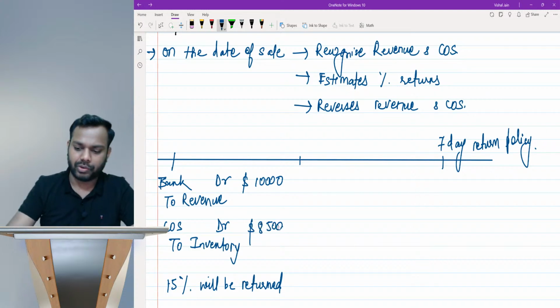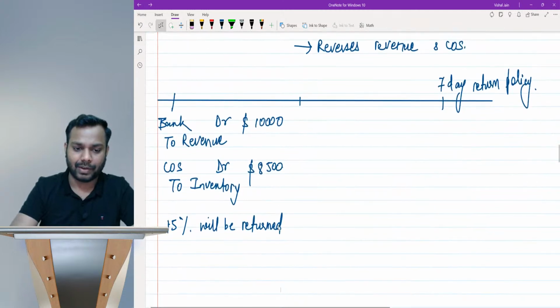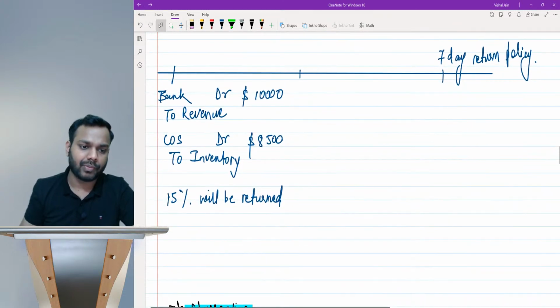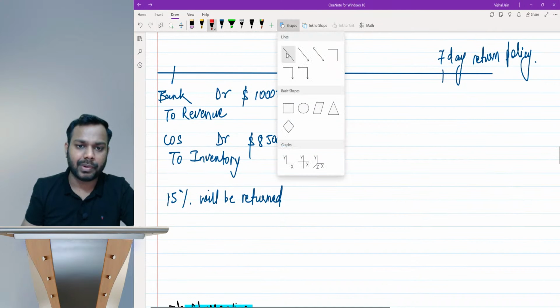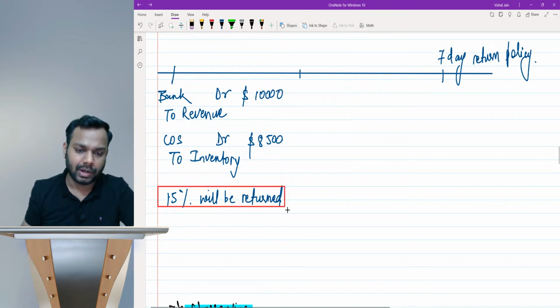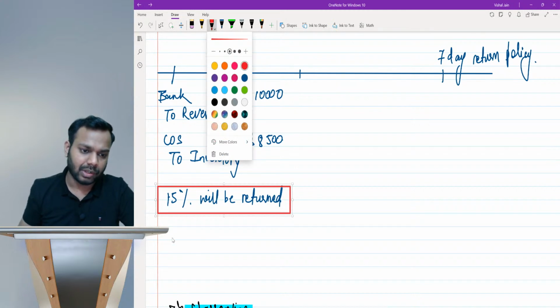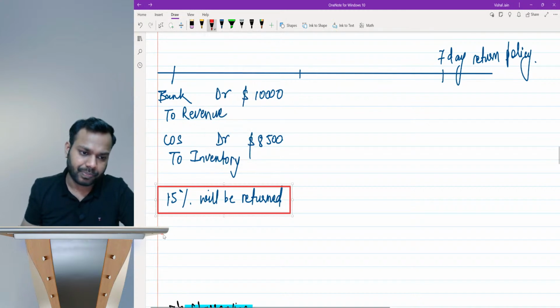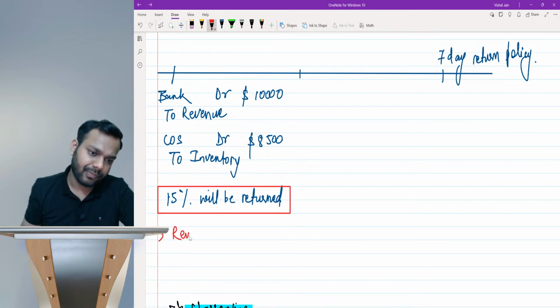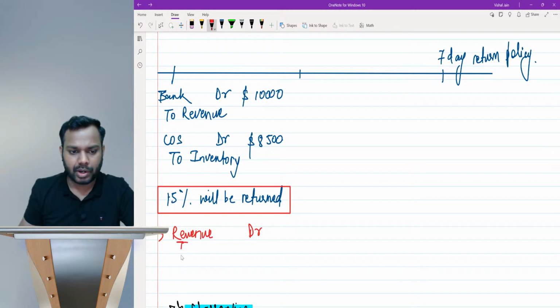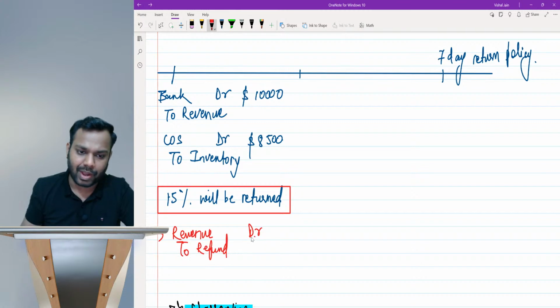Now how will the company treat it off? If the company estimates that 15% will be returned, how will the company treat it off? Let me take up a red pen and write it off. So the company will reverse the revenue. How? Revenue account debit to refund liability. Why? Because if it is returned, then I have to refund the money also, right? So the amount is 1,500.